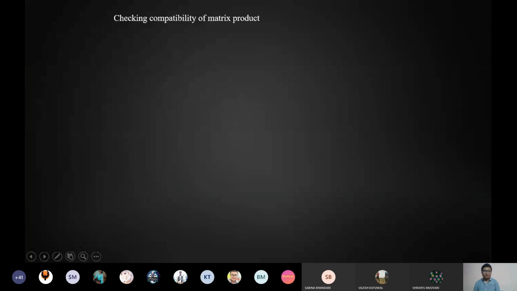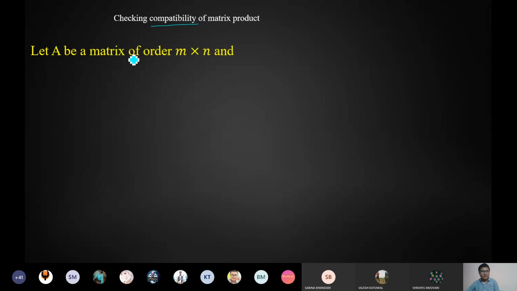Checking compatibility of matrix product. I hope you understand compatibility means whether the matrix product exists or not. Just write this topic and write the whole content of the slide. I think there is a generalization of all the things that we discussed earlier. Let A be a matrix of order m cross n. Just write it fast.